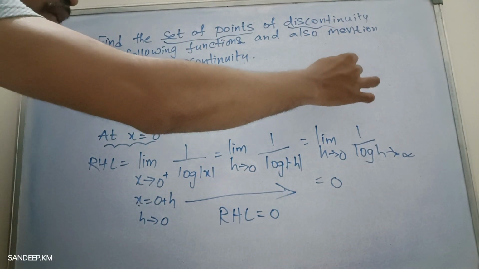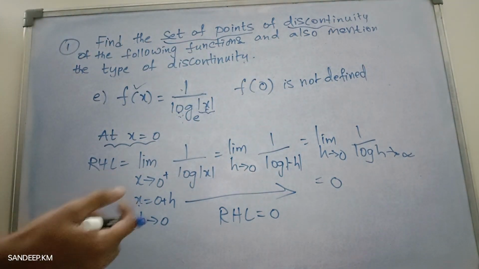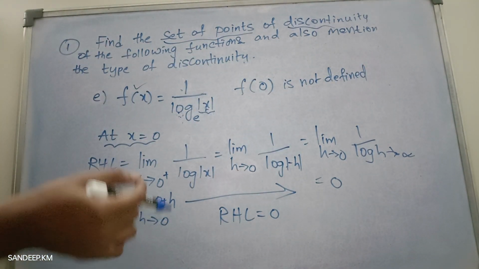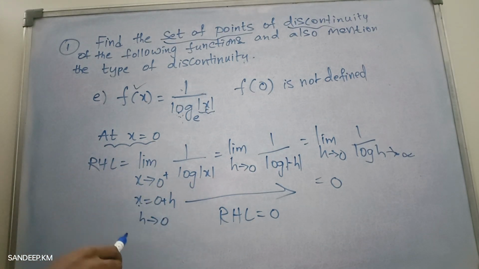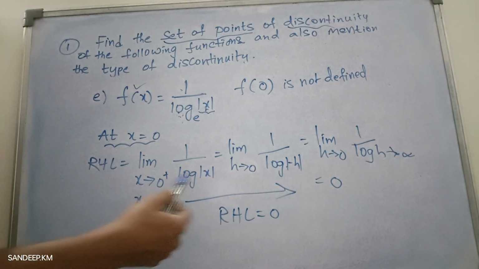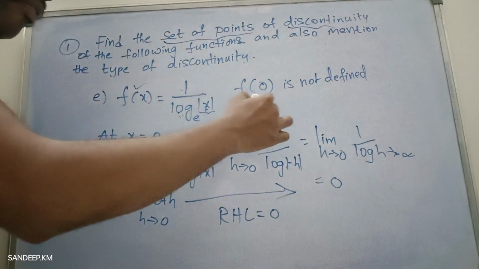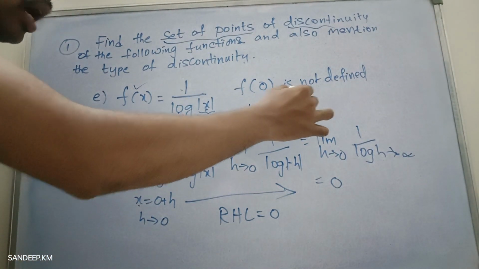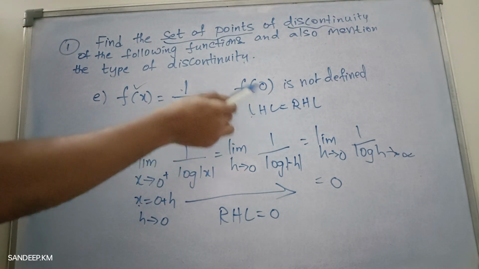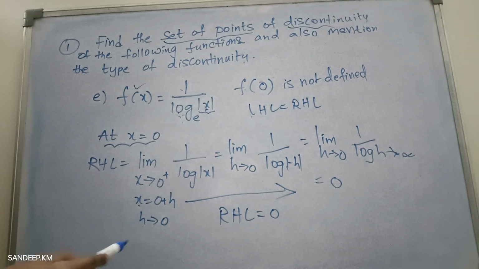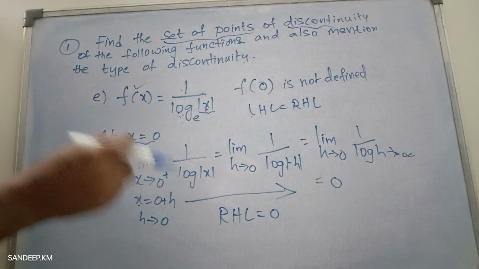Dear students, in types of discontinuity, we have already discussed that if LHL is equal to RHL, the limiting value of the function exists, but the value of the function is not defined, then the function has a missing point discontinuity.